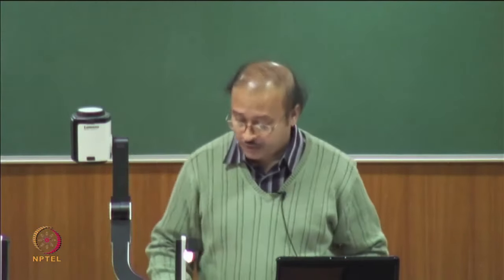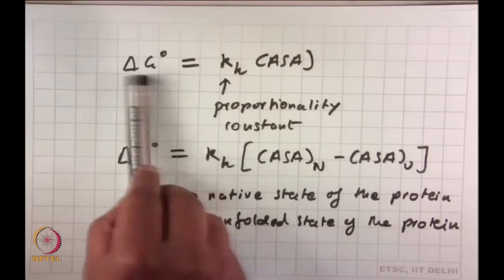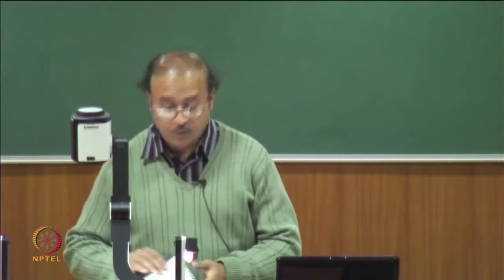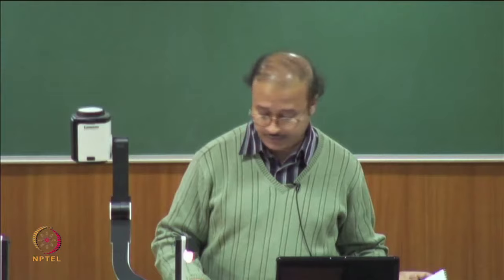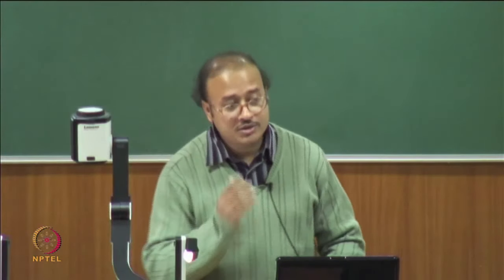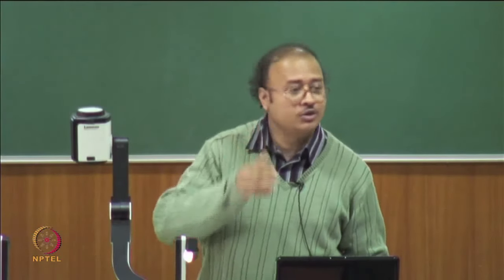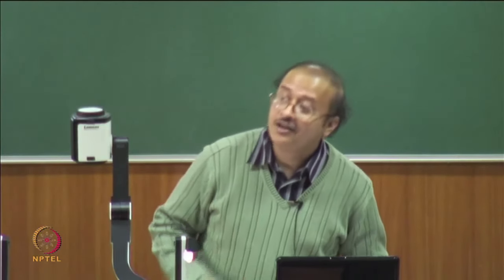Now, the question is, if I look at this initial equation delta G0 is equal to kh times the accessible surface area, do you think it will always hold? That is the question, right. What do you think? Any ideas? What was very special about the molecules we had considered the accessible surface area of? We considered methane, ethane, propane, butane, up to decane, right. So, all those were linear chain alkanes.